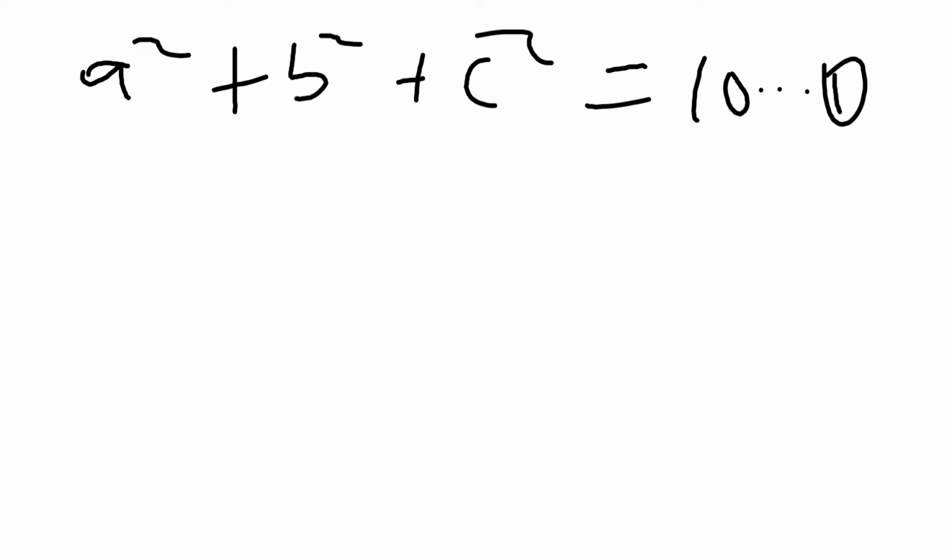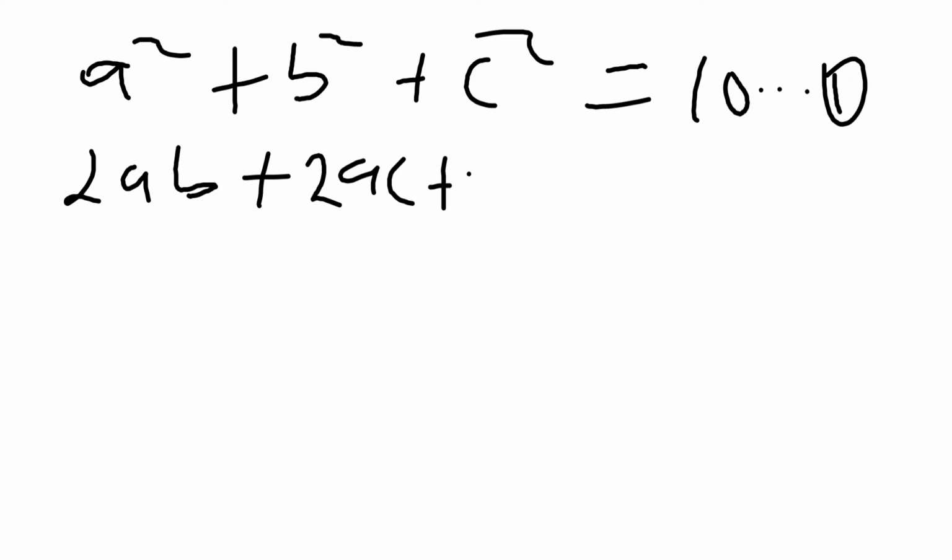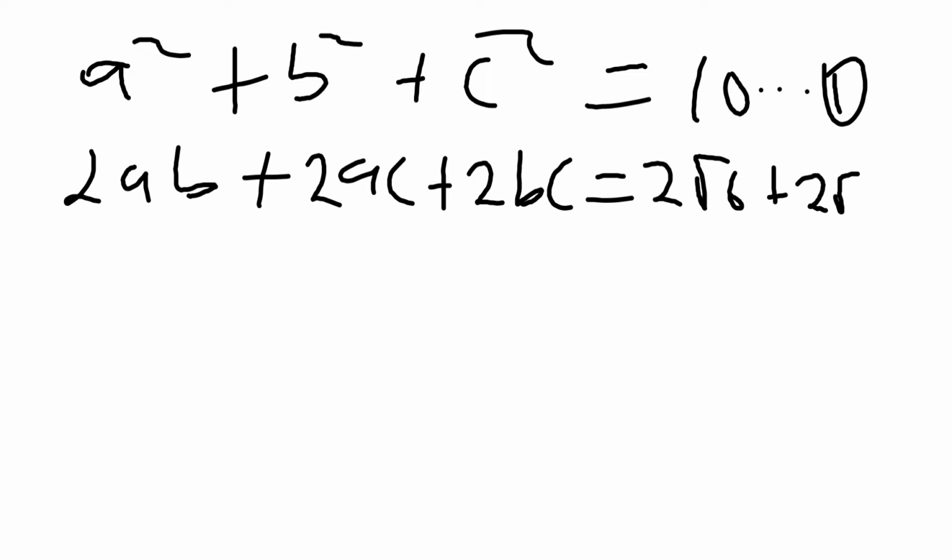Again, 2ab plus 2ac plus 2bc is equal to 2 root 6 plus 2 root 10 plus 2 root 15.